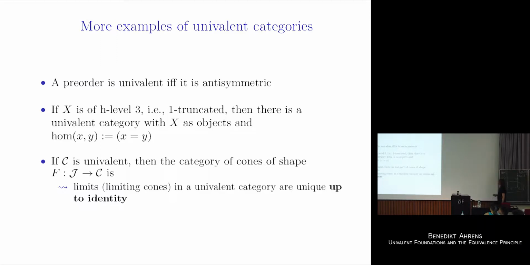Some more examples of univalent categories. A preorder is univalent if and only if it's antisymmetric.